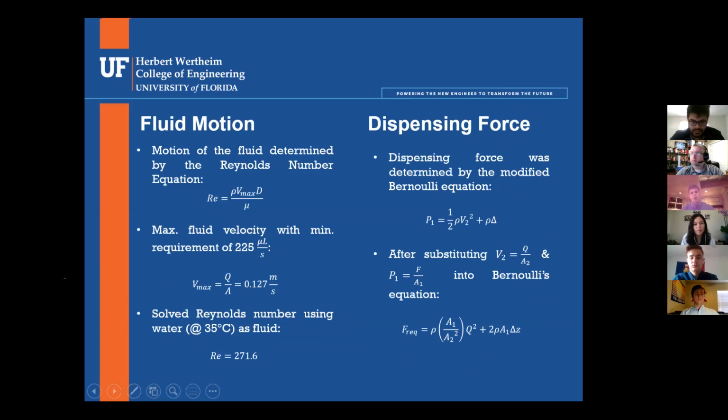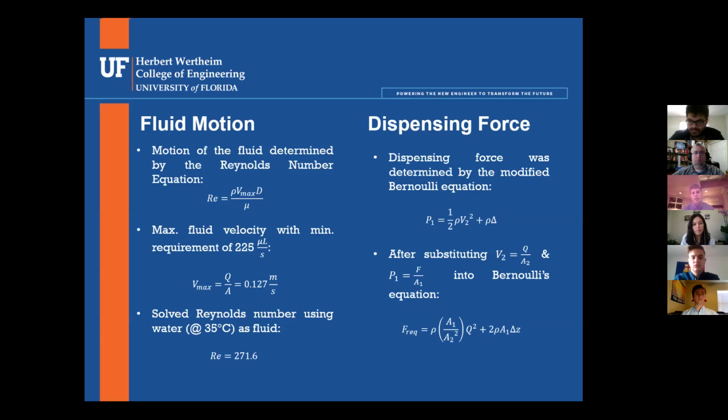In order to ensure the fluid dispensing subsystem maintains accurate and precise dispersion, the fluid motion was analyzed using Rayleigh Number. For this calculation, the minimum customer requirement of 225 microliters per second was used as the flow rate. Without direct knowledge of the various fluids to be tested using the bioreactor, water was deemed a viable replacement for these calculations.